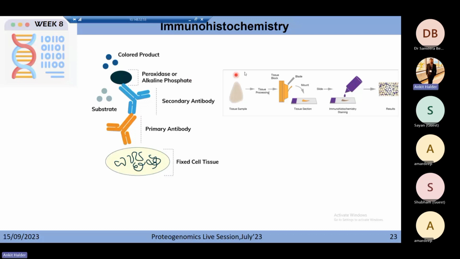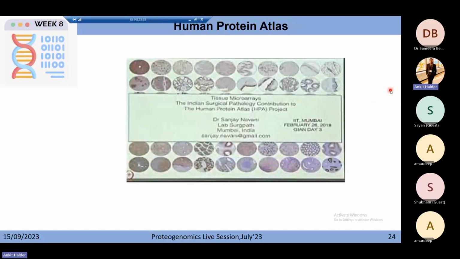So that is how the tissue sample is done. After you have collected the tissue samples, you do the tissue processing, then the tissue section, and then you see the results. That's what we were seeing, the results. So you can visualize it after performing those steps.